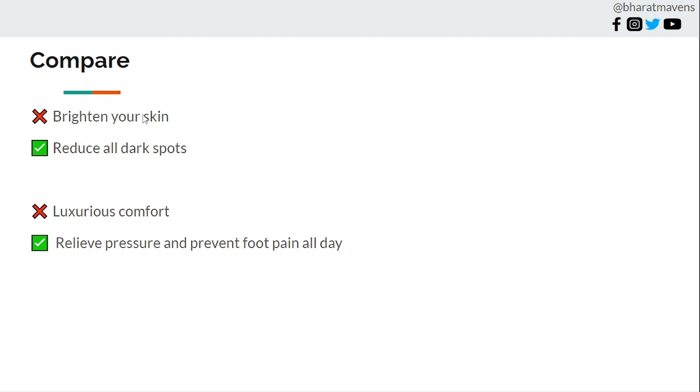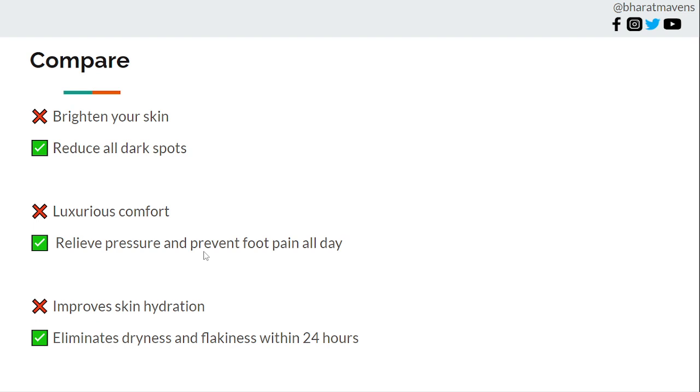Luxurious comfort and brighten your skin are vitamin based messaging, whereas this is pain based messaging. Next, improve your skin hydration. This is a sort of vitamin based messaging, but if I say eliminate dryness and flakiness, it's very painkiller based messaging. So this is what you need to have whenever you're creating an image ad.